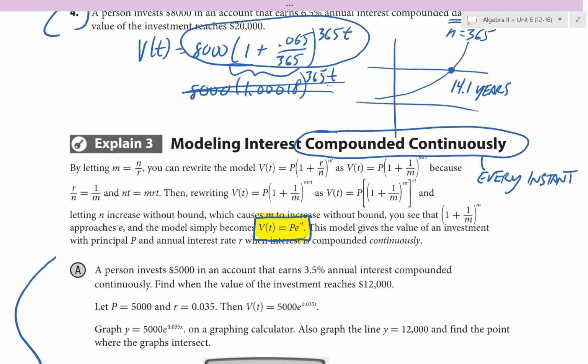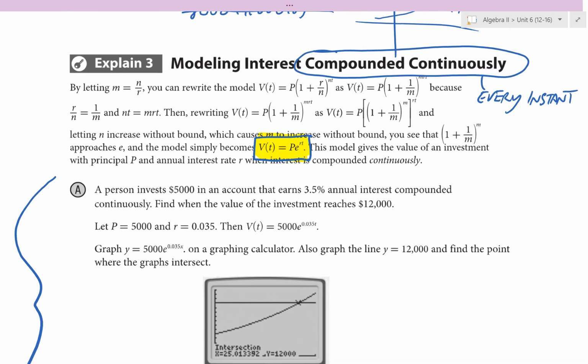And I said we use E a lot because it does a great job of modeling exponential growth in nature, and here's an example in finance where the nice thing about using a base of E is that our growth rate is just part of the exponent. And so it's really easy to set up the problems that way. And so here you see an example, $5,000.